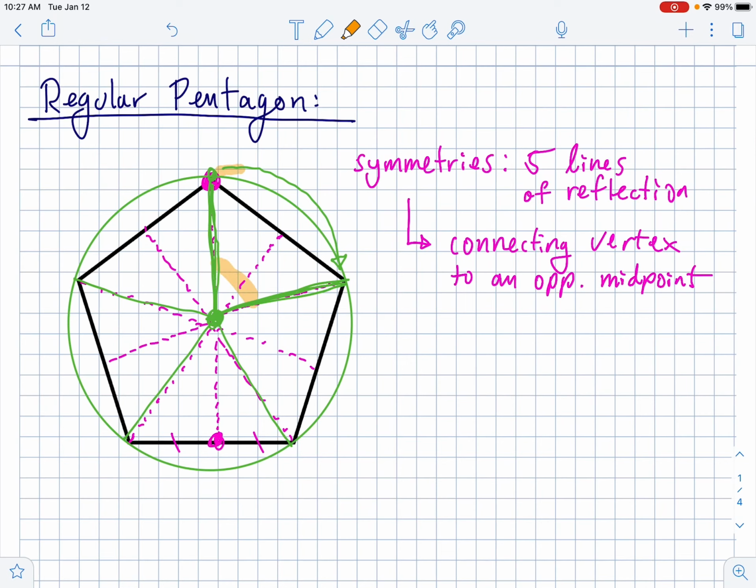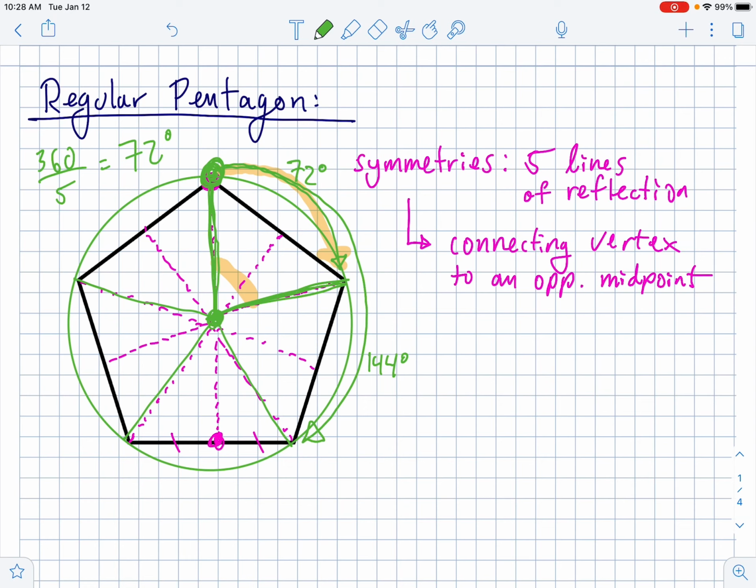So if I want to know just this angle right here, which is the same as how far this rotation is, you would take 360 and divide it by 5. If you take 360 and divide it by the 5 sides, you get 72 degrees, which means this rotation is 72 degrees. If you take this point and rotate it past the 72 all the way to this point, that's 2 times 72, which is 144 degrees.